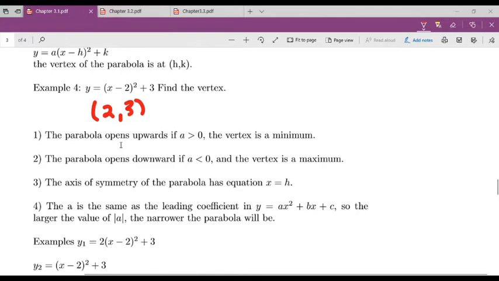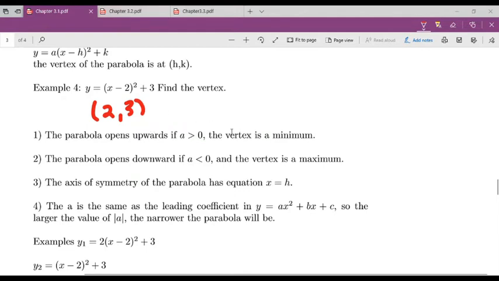Okay. Couple rules here. Rule 1: if the parabola opens upwards, a is greater than 0, and the vertex is a minimum. Rule 2: if the parabola opens downward, a is less than 0, and the vertex is a maximum. Rule 3 says the axis of symmetry of the parabola has the equation x equals h. So this h in your equation up here, if it's in the vertex form, is also going to be the axis of symmetry for this parabola.